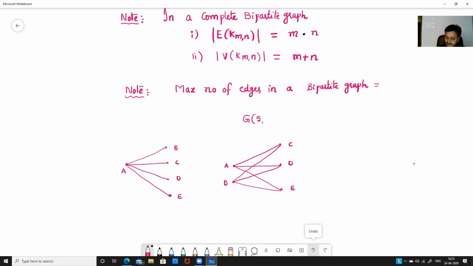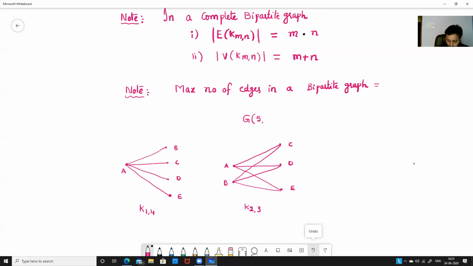Of course, I can take three on the left side and two on the right side, but no need to draw that example. So if the graph contains five vertices, these are two ways I can draw a complete bipartite graph, like K1,4 and K2,3. Remember, K23 is the same as K32. Therefore, no need to draw that one.